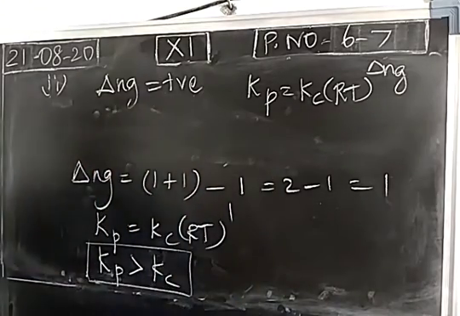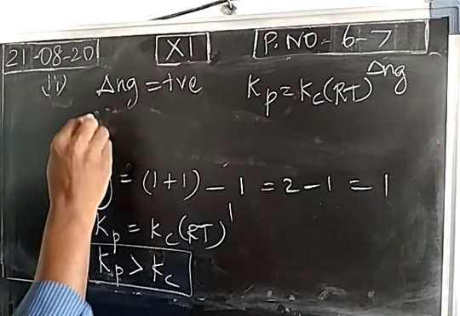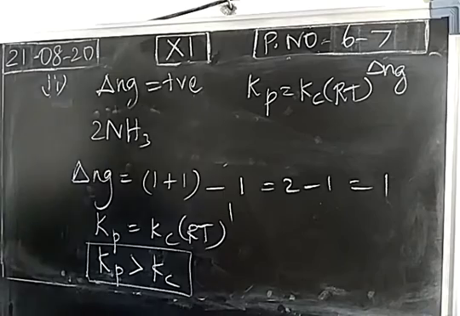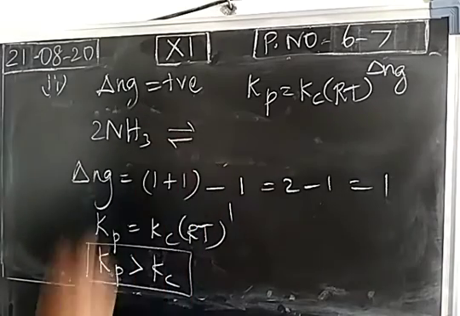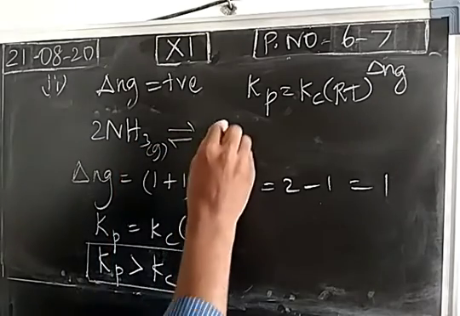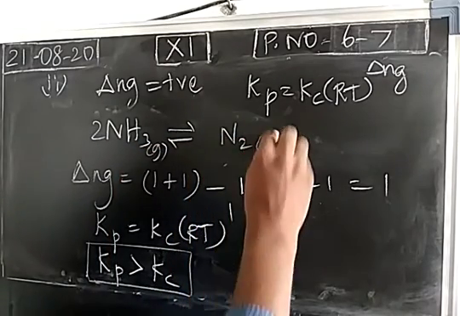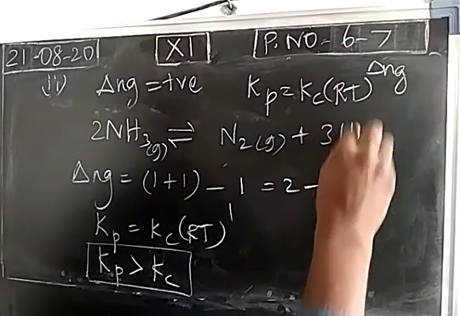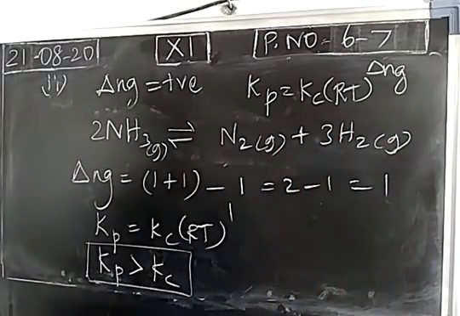One more example can be written for that: ammonia decomposition can be considered. Ammonia gas is decomposed to provide nitrogen gas and hydrogen gas. You may calculate delta Ng.